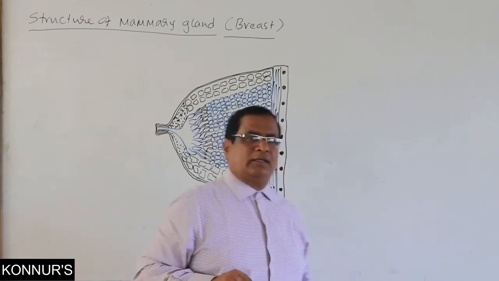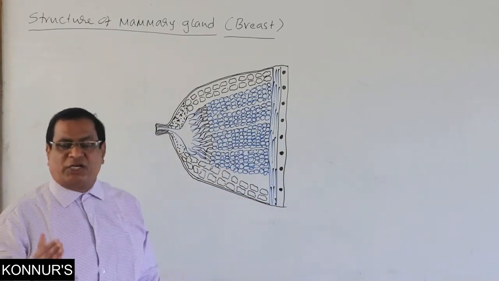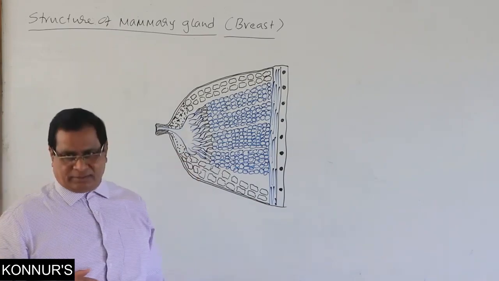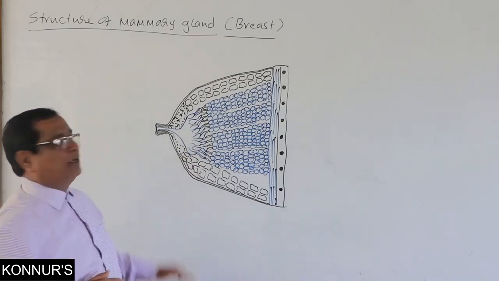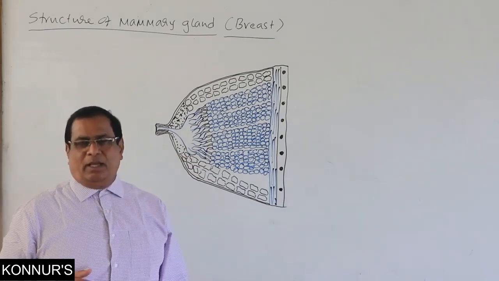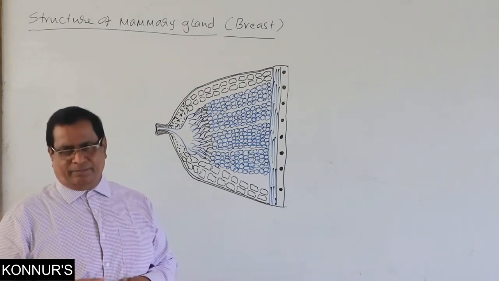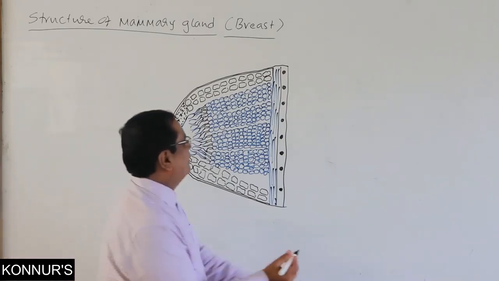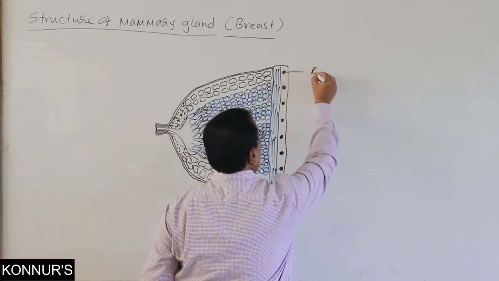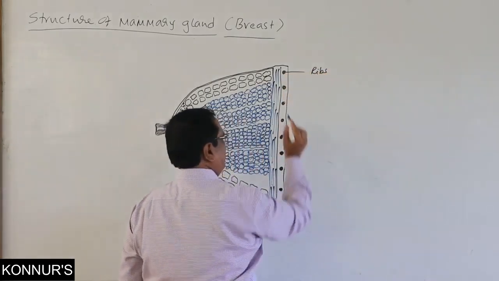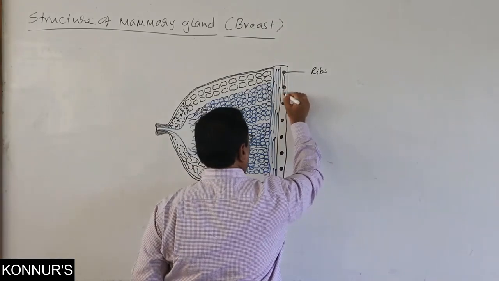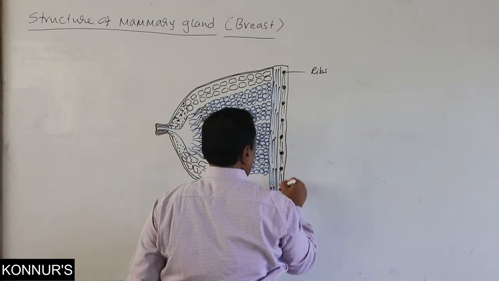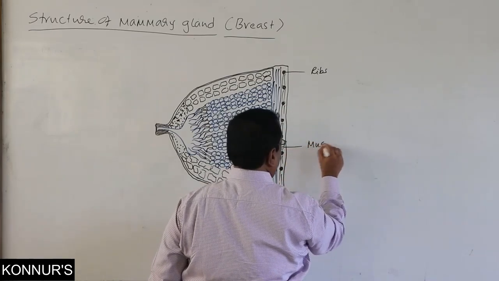In females, a pair of functional mammary glands, otherwise said to be breasts, are developed at the thoracic region. The thoracic cavity is covered by ribs, and in between ribs there are muscles.